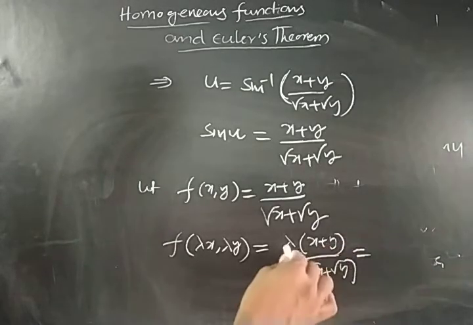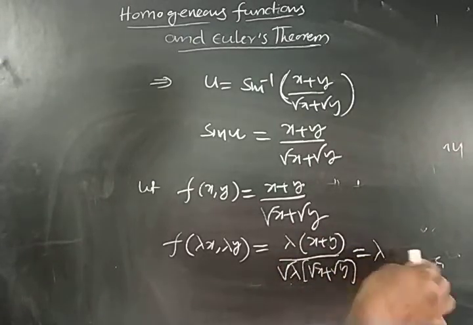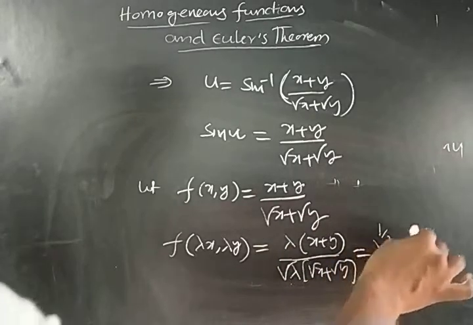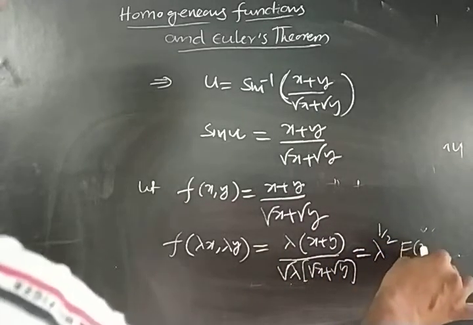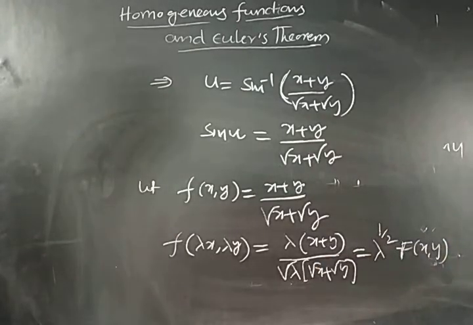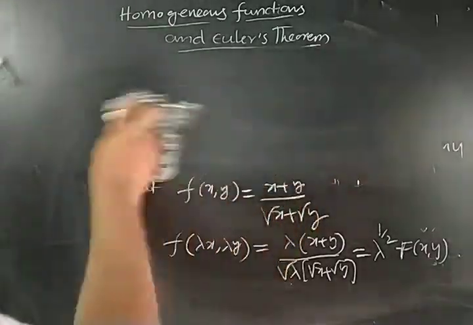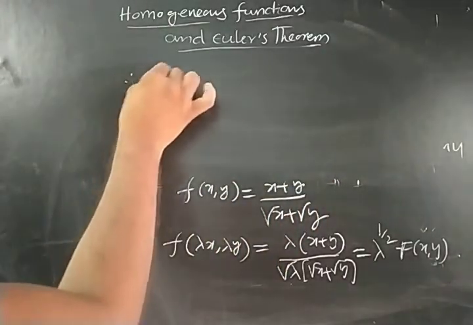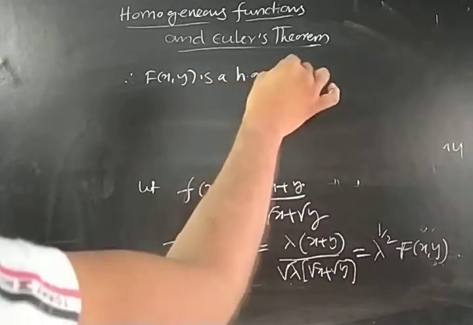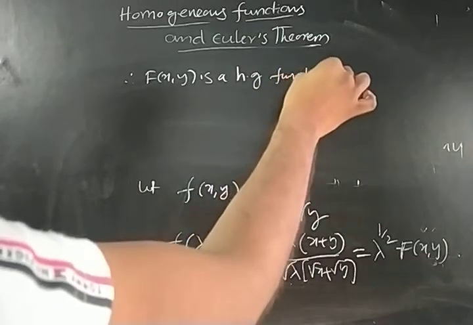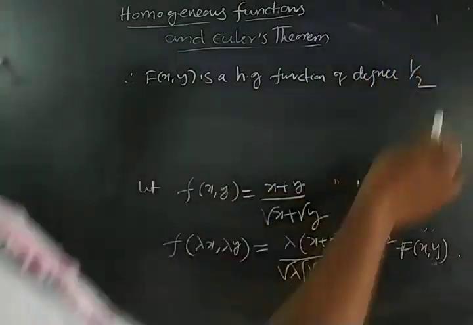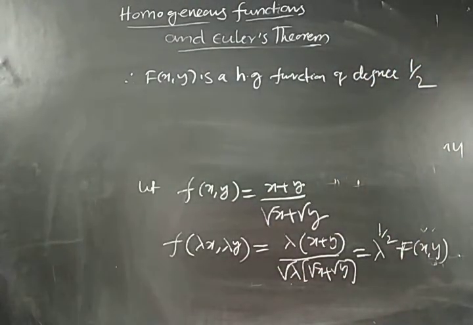After simplifying, lambda power 1 minus 1/2, so lambda power 1/2 of f of x comma y. So f of x comma y is a homogeneous function of degree 1/2. Here the lambda power is known as the degree of the homogeneous function.